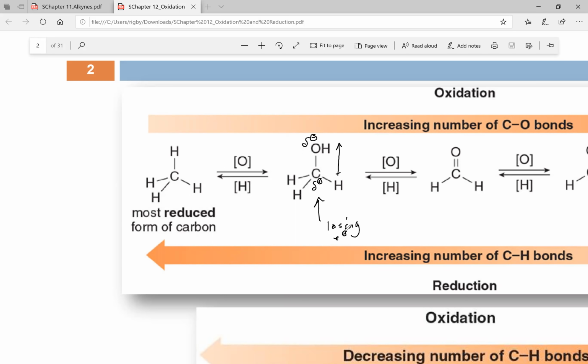So it's being oxidized. In organic chemistry, oxidation is described as the increase in C-O bonds or C-Z bonds. We mention C-Z bonds because Z is generally more electronegative than carbon, since carbon is pretty not electronegative.